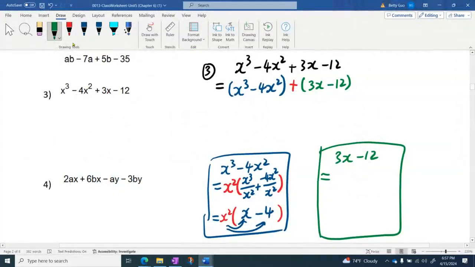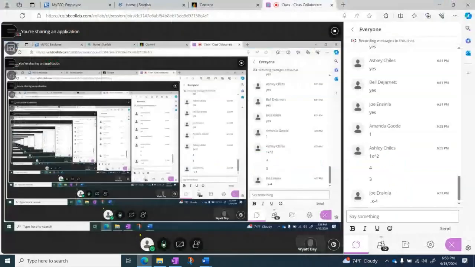So we're going to factor 3 out and follow with parentheses. And this time I want you to help me to find the content in the parentheses. Use my technique. Original term 1 over the GCF plus the original term 2 over the GCF. And let me know what you have in the parentheses. X minus 4. Very good. Perfect.